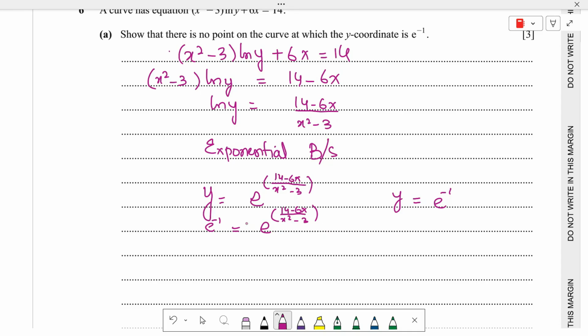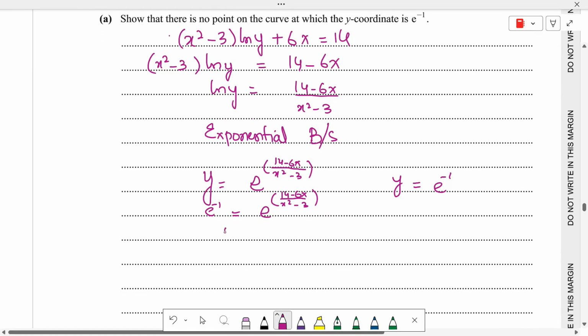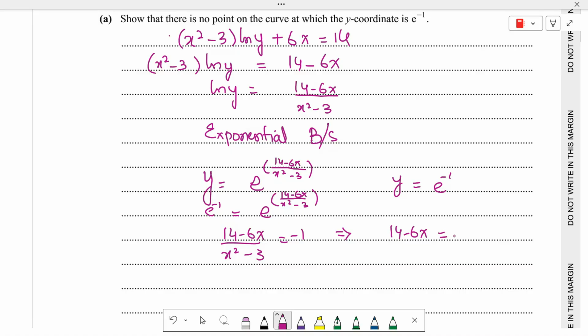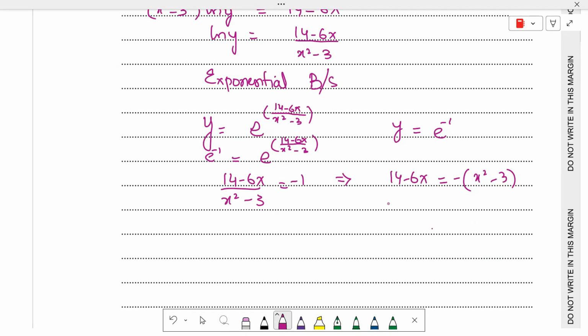Equating the powers, we will have (14 minus 6x) over (x squared minus 3) equals negative 1, and this is equal to 14 minus 6x equals negative (x squared minus 3), which is 14 minus 6x equals negative x squared plus 3.